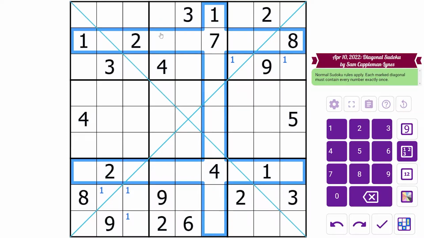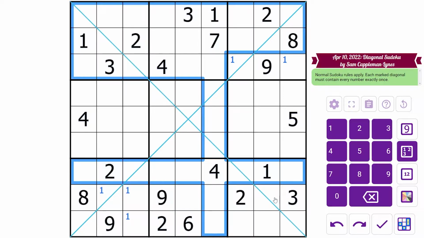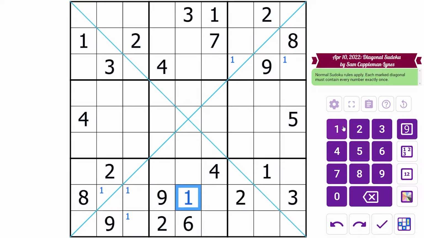Let's see what else we have here. Let's see, these are taken. Go ahead and mark these off as ones being done. We have no information about 1 here. No real information here or here. 1 in this box is a naked single. Okay.